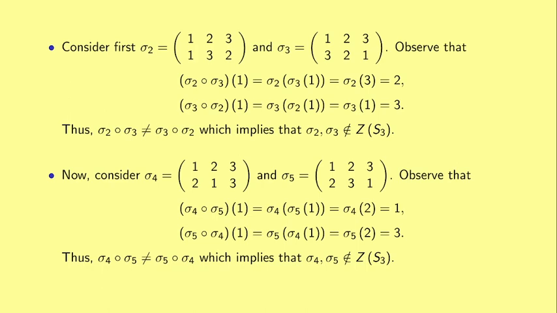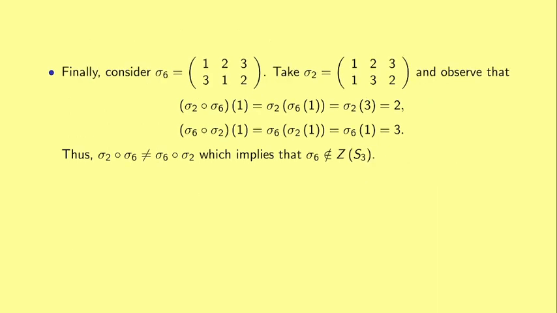It remains to see what happens with sigma 6. Here we have sigma 6, and for example, I take sigma 2. If I compose sigma 2 with sigma 6 and apply it to 1, we get 2. And composing sigma 6 with sigma 2 and applying it to the number 1, I get the number 3.